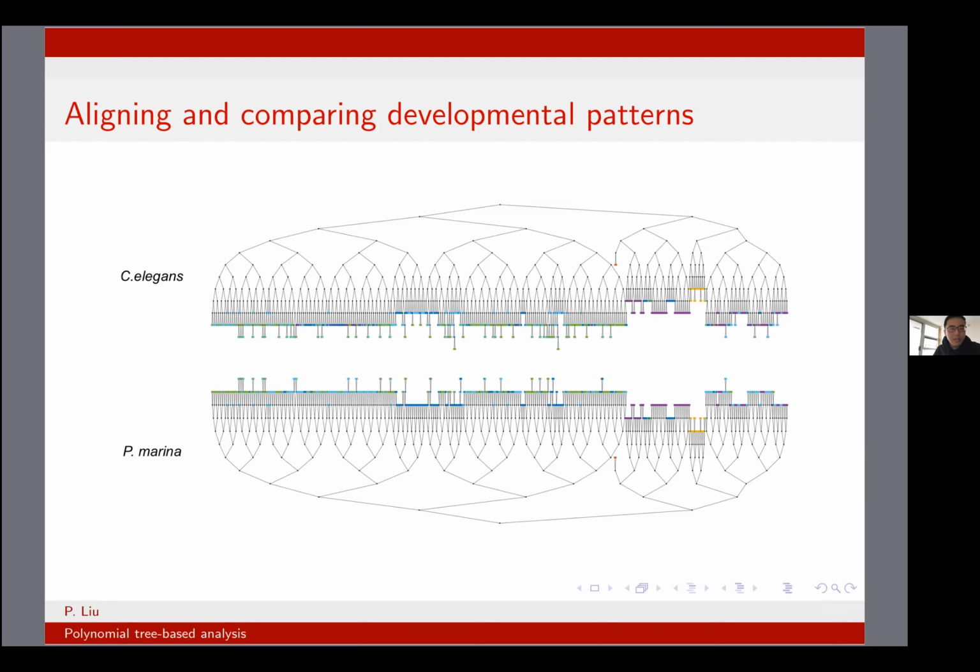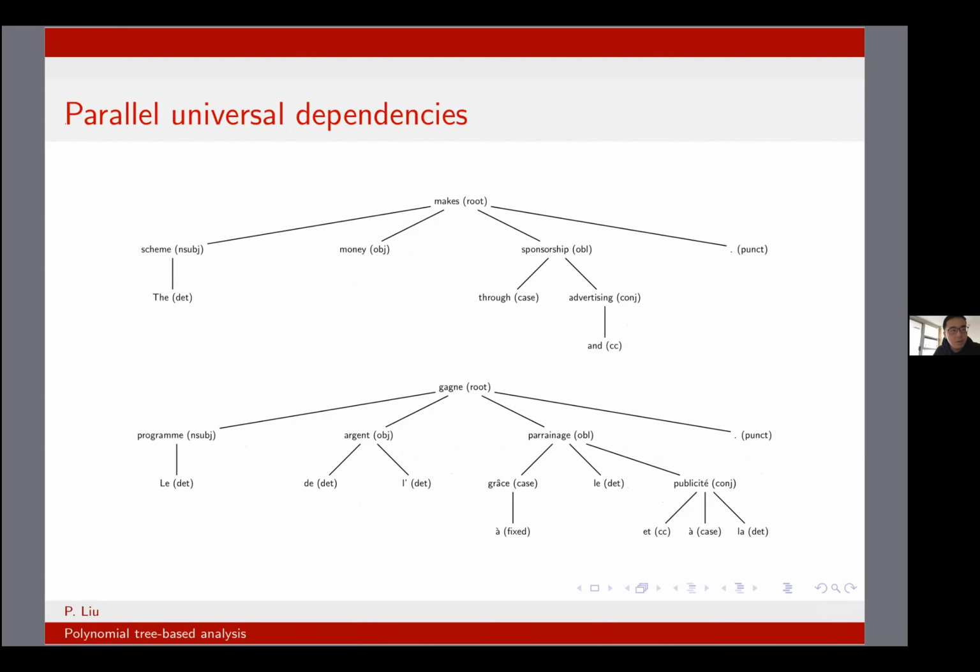All right, so lastly, I want to talk about some applications to linguistics. One thing I looked into is the parallel universal dependencies. The dependency theory says that all sentences are built around verbs.